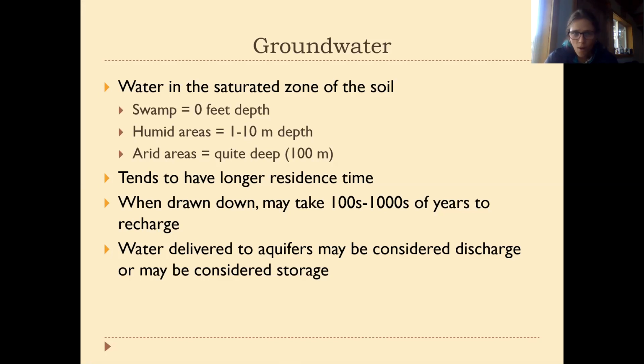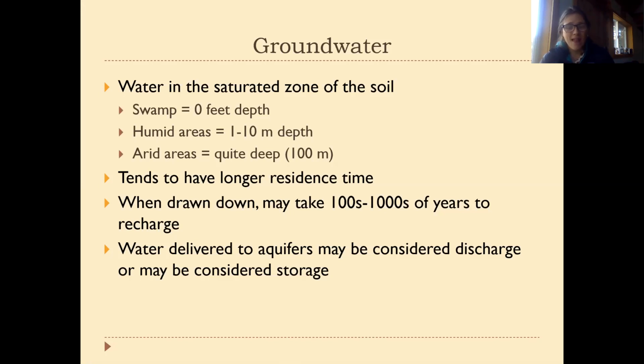So that's where the water is. That water that gets all the way down into these groundwater aquifer systems tends to stay there longer than the water that's moving around closer to the soil surface. That soil moisture, that vadose zone water, is going to be pulled by plants or lost by evaporation much more quickly, but the groundwater might stick around for hundreds of thousands of years.